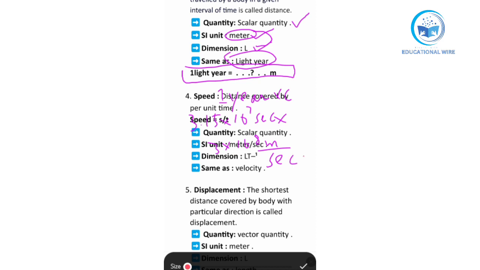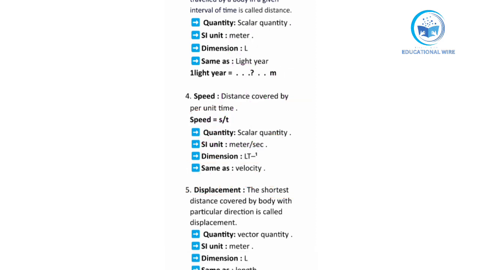The seconds cancel, then we multiply 3.15 and 3 and get 9.45. The powers 7 and 8 add, the base 10 remains the same, giving 10 to the power 15, and we are left with the unit meter. So 1 light year is equal to 9.45 into 10 to the power 15 meter.